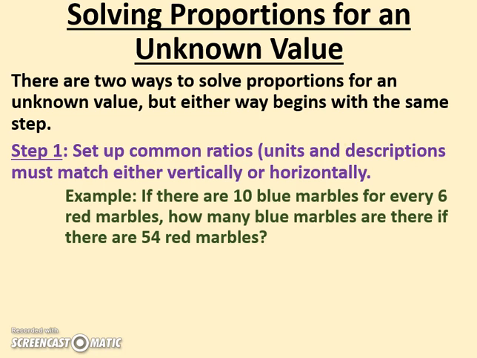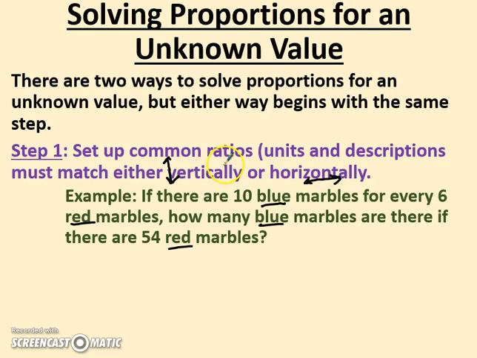For example, if there are 10 blue marbles for every 6 red marbles, how many blue marbles are there if there are 54 red marbles? When we say that we need common ratios, that means that our units, blue and red, must match either vertically, meaning up or down, or horizontally, meaning left to right. There are only two ways that we can do this, vertically or horizontally.